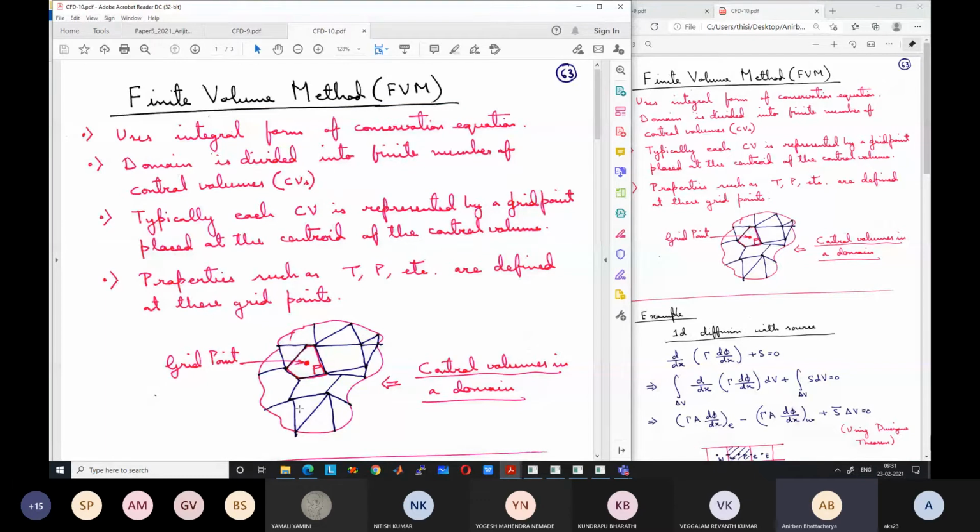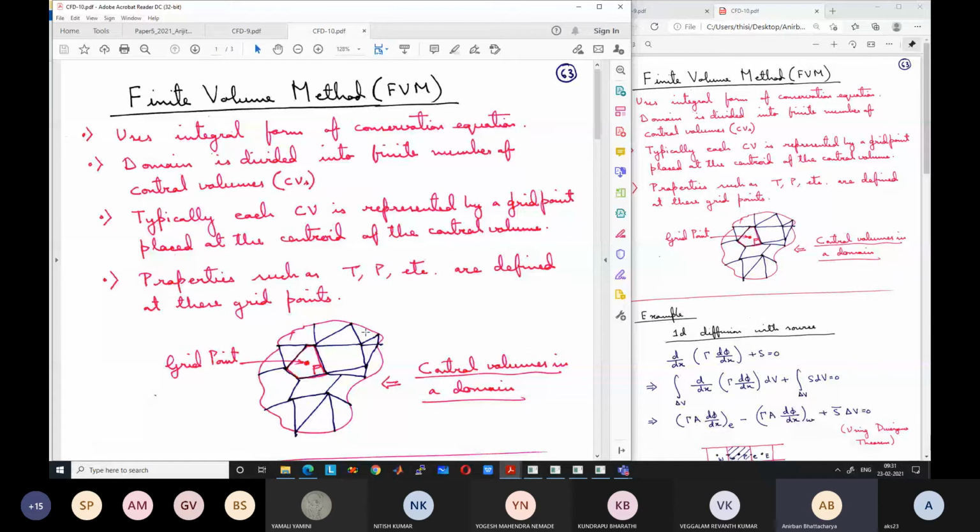Each of them will be represented by a grid point at its center. All the properties or unknown values such as temperature, pressure, velocities, and all the other properties like density, viscosity, conductivity, and CP, meaning specific heat, are defined at these grid points.